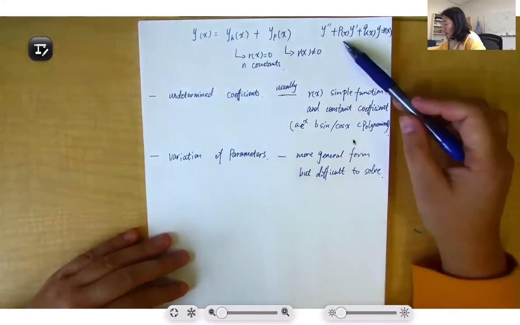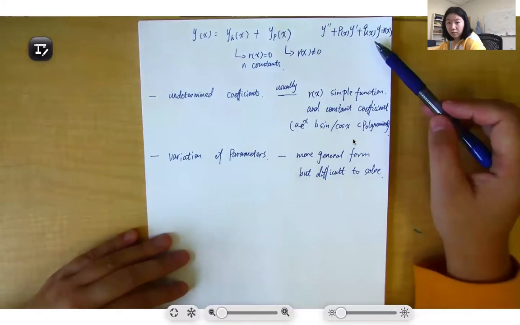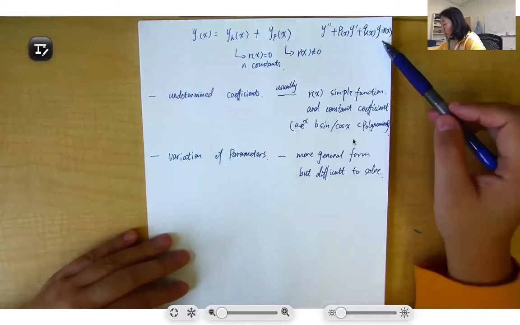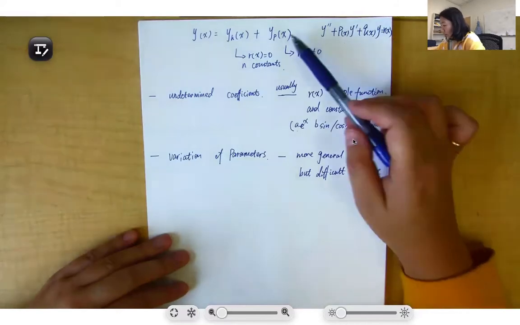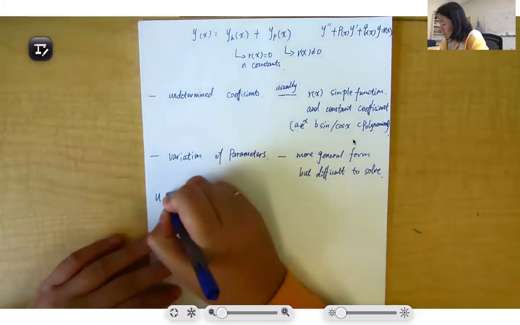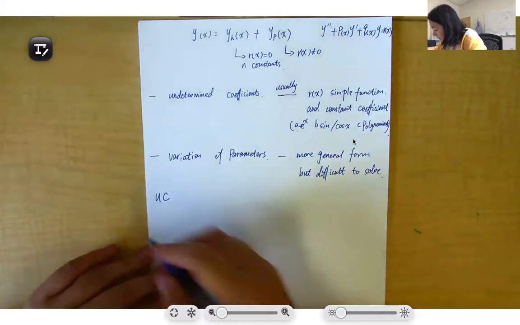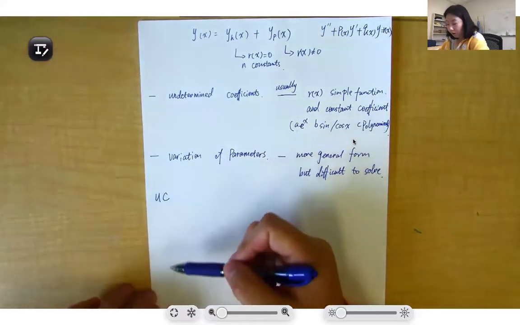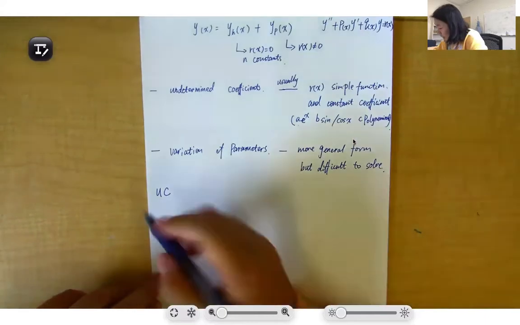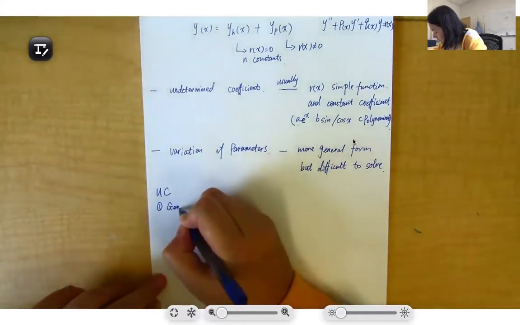And you know that the coefficients are all functions of x or constants, and the forcing function as well, so this is a linear higher order ODE. And we are trying to solve for the y_p part using undetermined coefficients. There are several rules for how you solve it. We will talk about the general rule first.